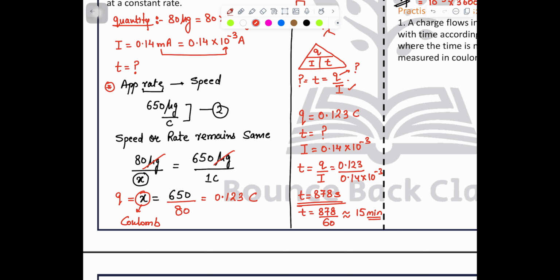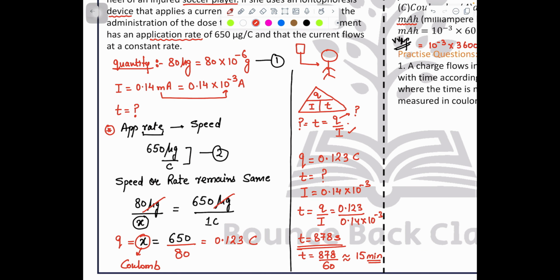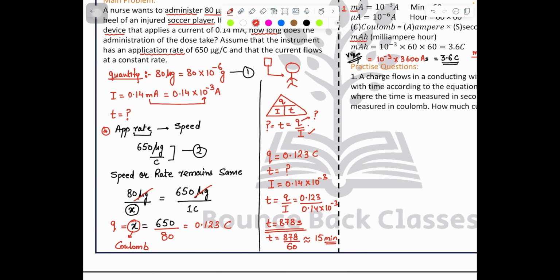So just consider you are in the hospital, and someone asks the nurse how much time it will take to inject this complete medicine. If the nurse tells you 878 seconds, that is quite odd. Instead of that, she will tell you that it will take hardly 15 minutes. So that is much better as compared to the previous answer.